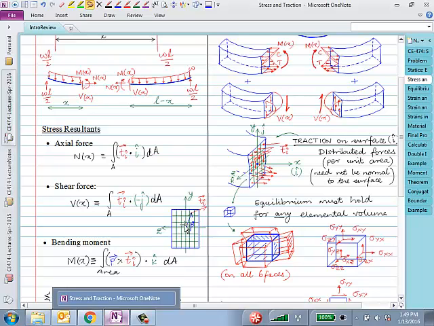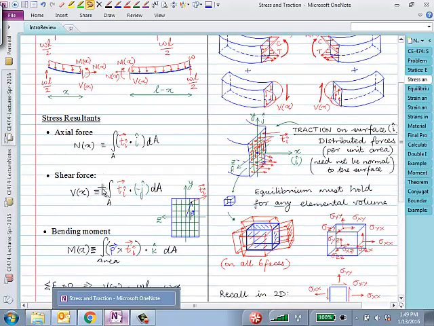So all of those, bending, torsion, shear, axial force, are all encompassed in these tractions. And the conventional quantities like shear force, axial force, bending moment that we are used to using in our structural analysis problems are actually stress resultants, which are obtained by integrating those tractions over the cross-section area.